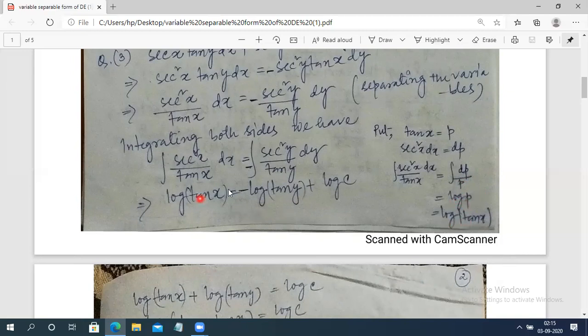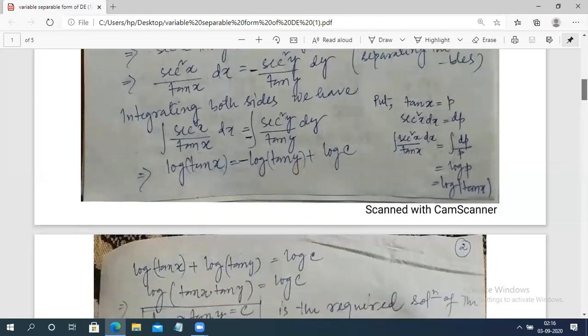In a similar way, this function can be written as log of tan y. And one constant of integration we will take, for our convenience, as log of c, because when we write this constant as log of c, then by using the property of logarithm, we can write all the terms together and get a very specific result.